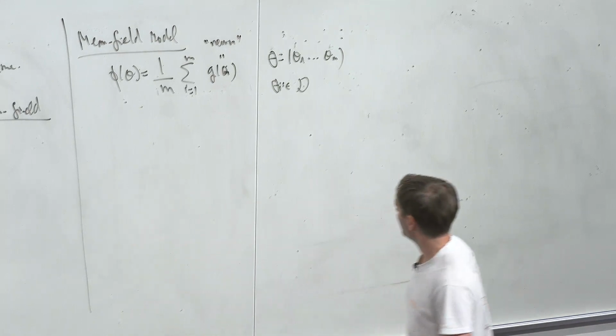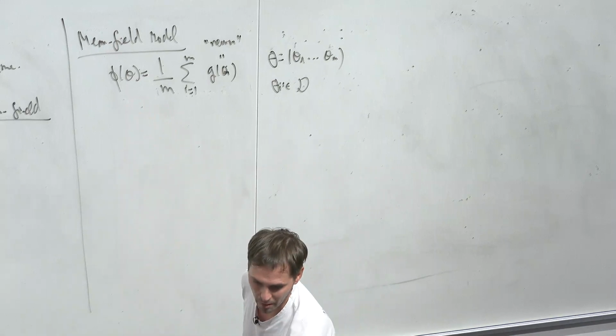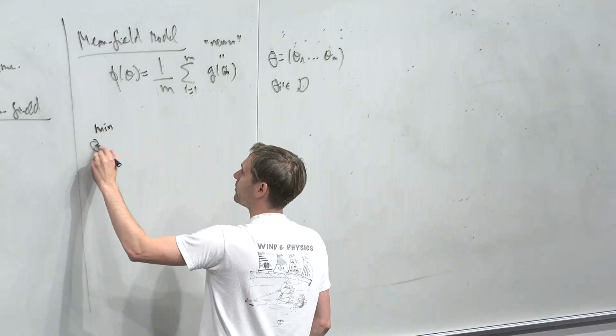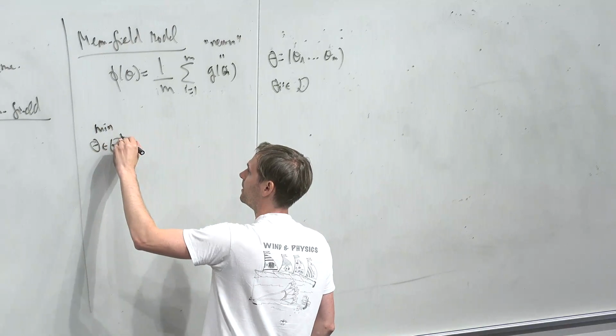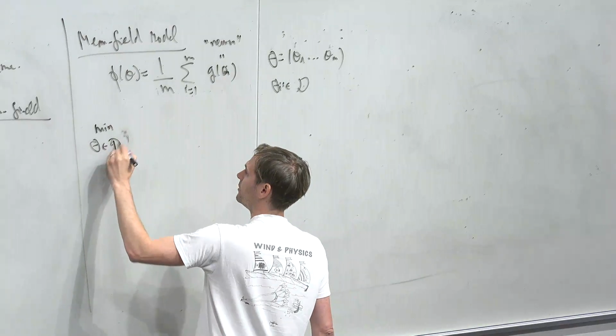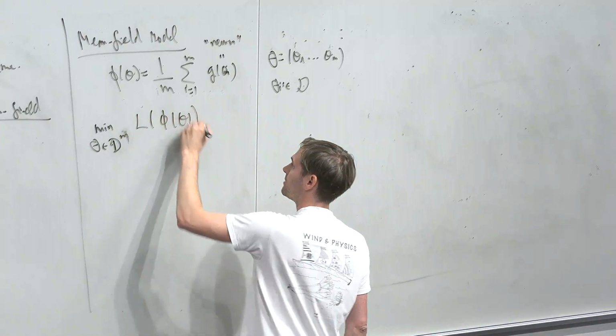So the first thing to observe is that if I go back to the original problem, which is to minimize with respect to this vector of parameters, the domain of parameters, theta in R to the m, of some loss that depends on phi of theta, as before.